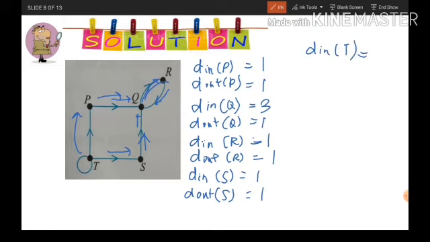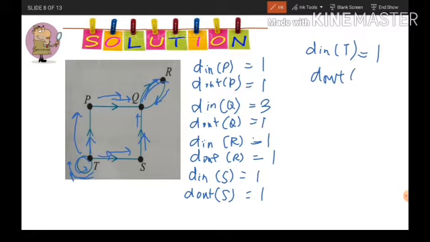Since T has a loop, you have to count like this. Degree in, this can be counted as 1, so degree in for T is 1. What about degree out? 1, 2, and also 3.